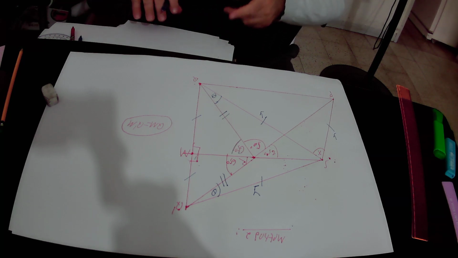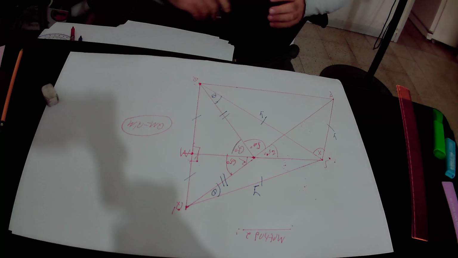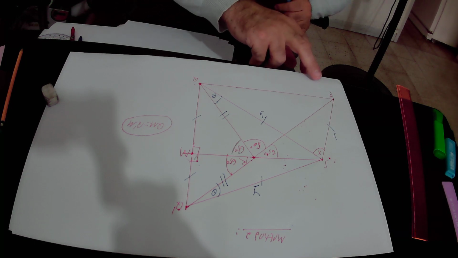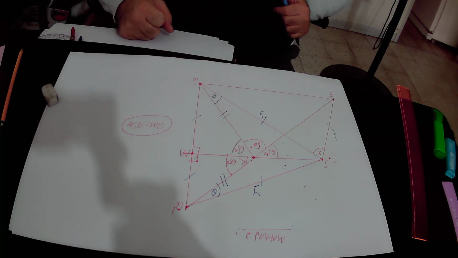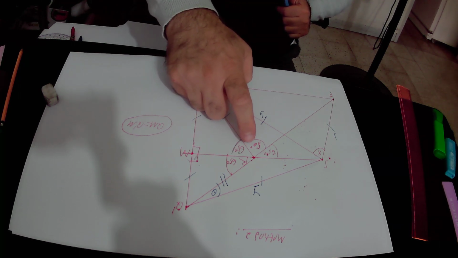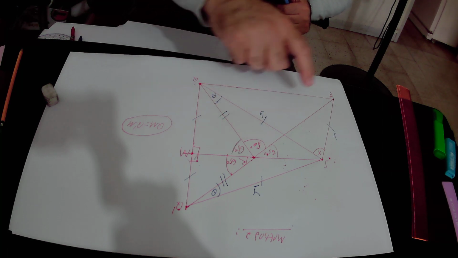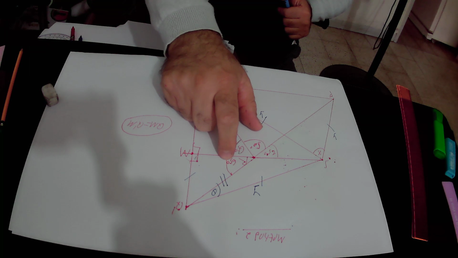Okay, so in the next step we will prove that PRQ dash is a straight line, and we prove it by proving that at point R on this side of line PQ dash we have 180 degrees.